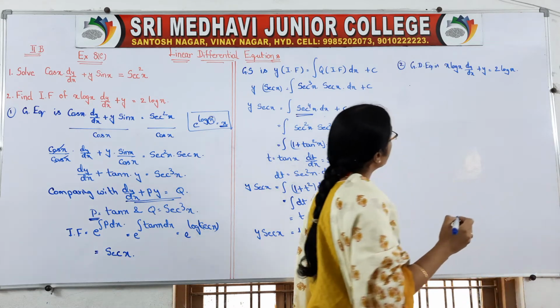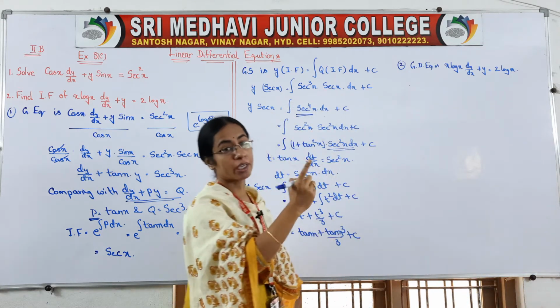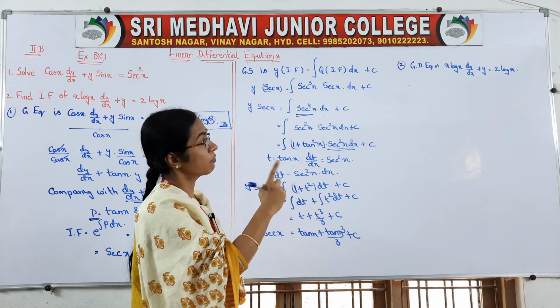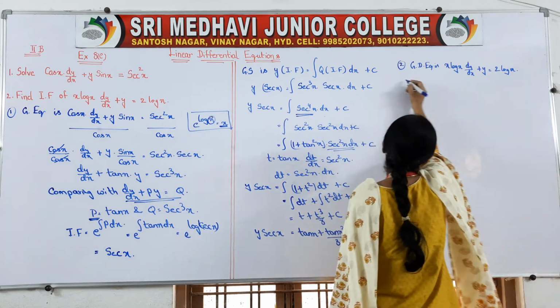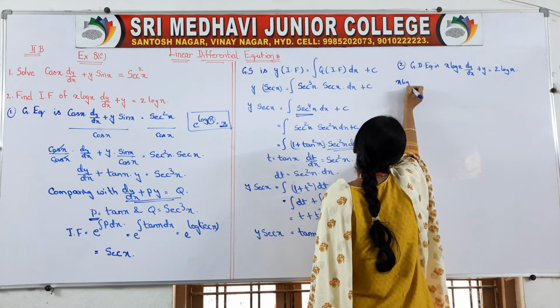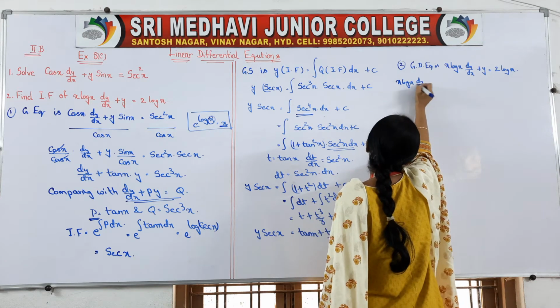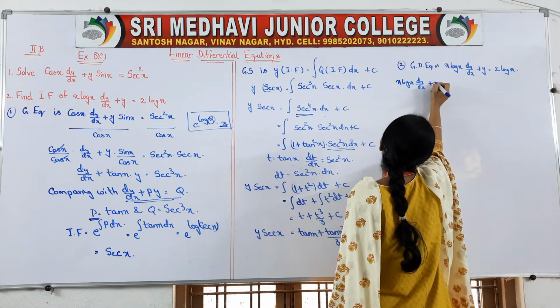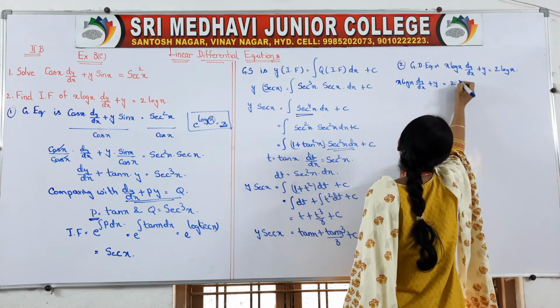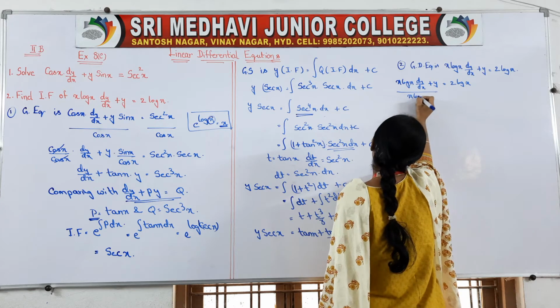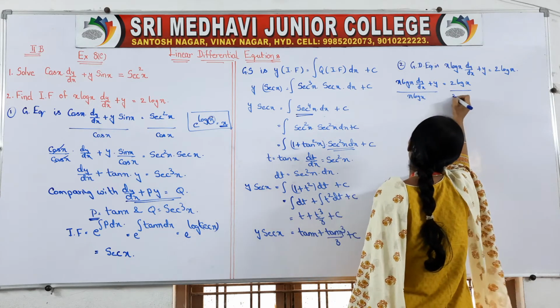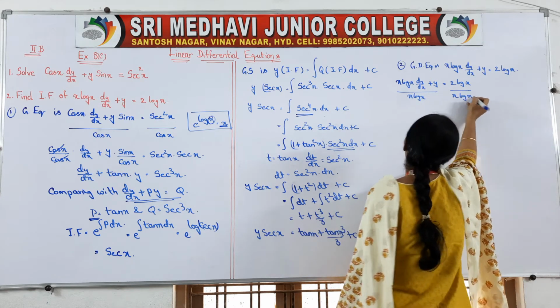Okay, so it is not in linear differential form, right? So we have to divide with x log x: dy by dx plus y is equal to 2 log x by x log x.